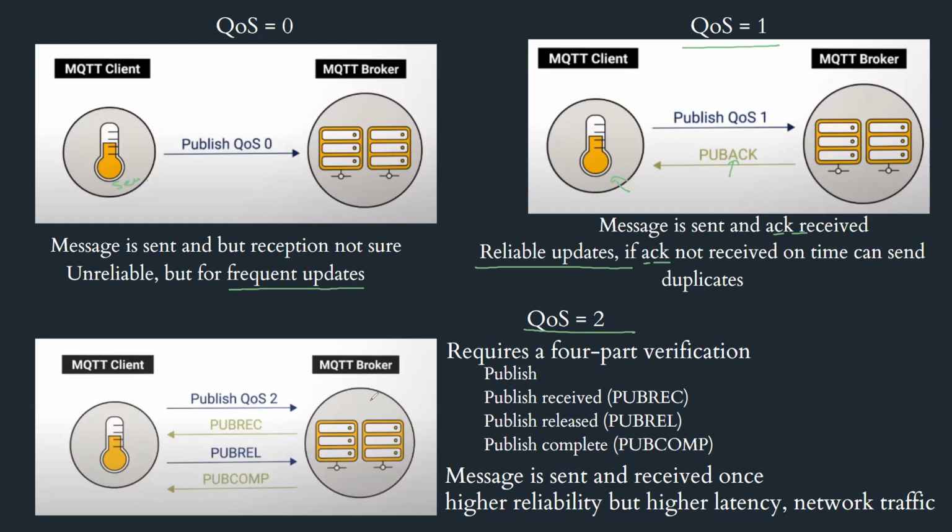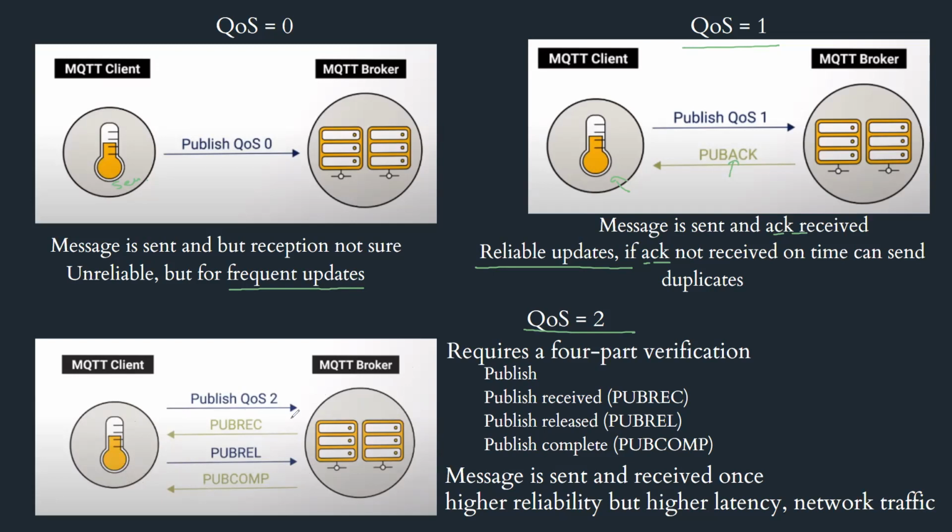So the MQTT client is sending the data, and the MQTT broker is sending acknowledgement 2 times, right? This is known as 4-part verification.